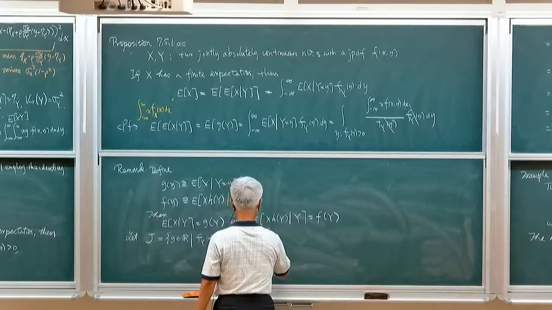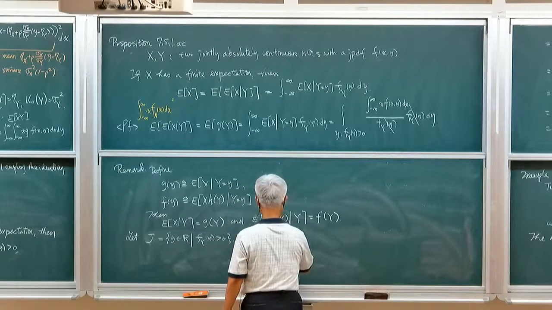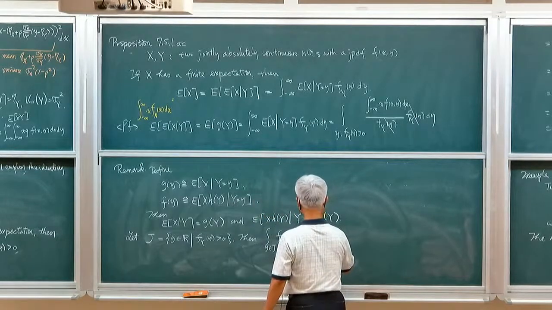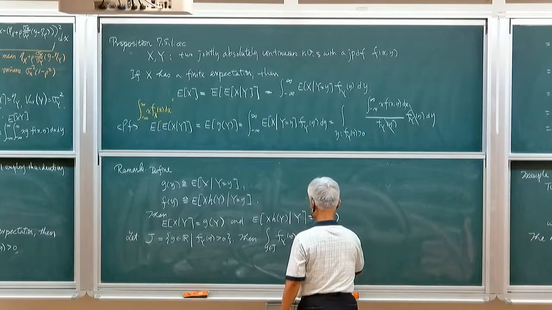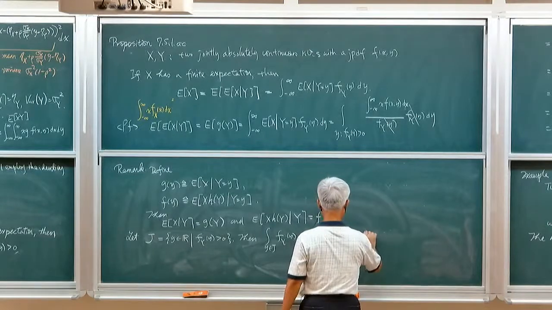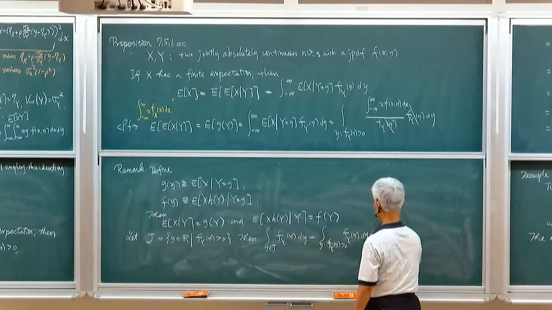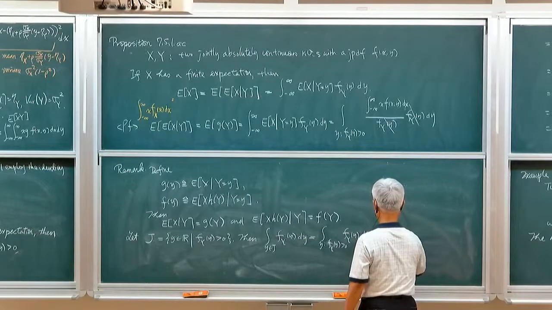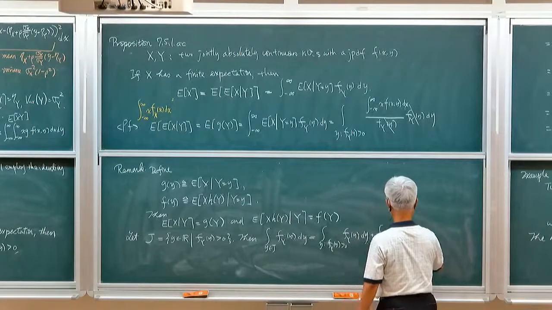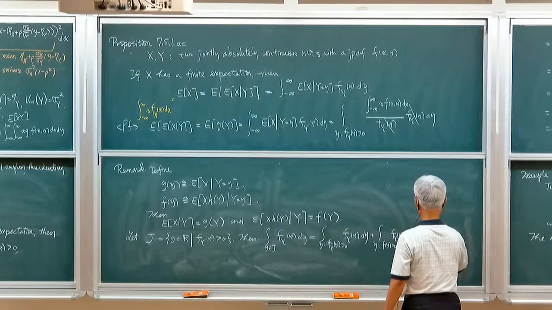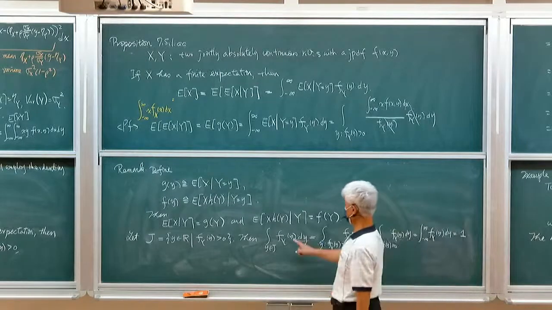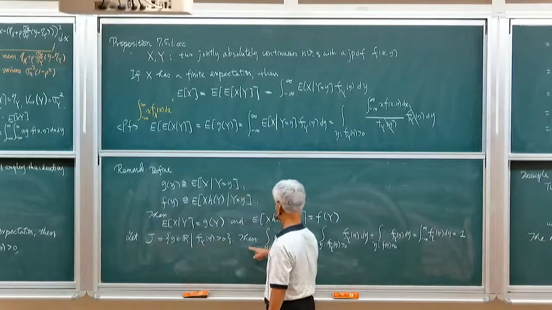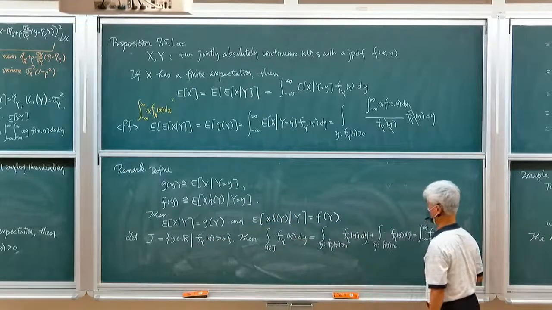Then we know that it's equal to 1. So this integral, with this probability density function of Y, when we integrate over all of J, is equal to 1.